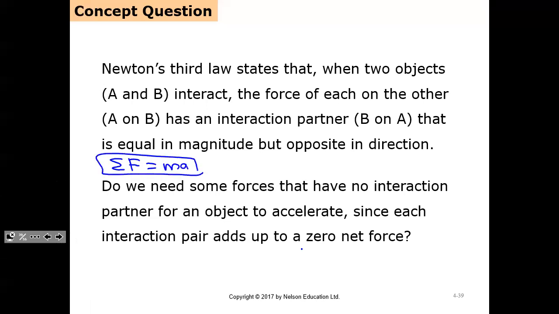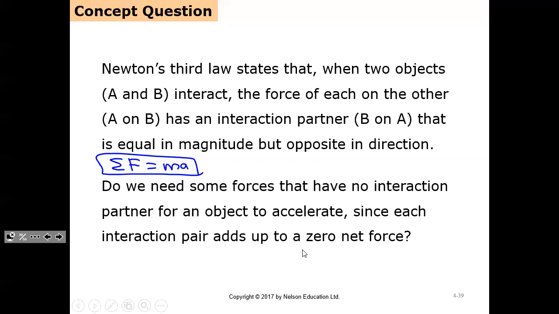We apply this equation on one object, right? The net force on object A is equal to the mass of object A multiplied by the acceleration of object A. The net force on object A is only the one force that is coming from object B. Why do we add the two forces? The point here is the two forces are not acting on the same object.